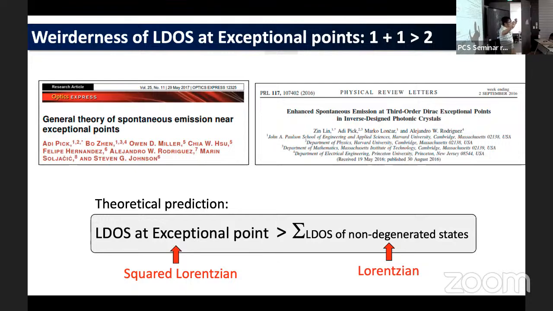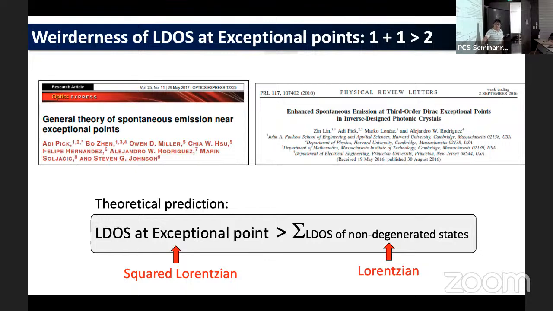And these theoretical papers predict that if you have two resonances that are not degenerate, each of them has some density of states. If you make them degenerate, the total density of states at the degeneracy is not the sum of when they are not degenerate. It's bigger. Mathematically, at the exceptional point, the density of states is given by a squared Lorentzian, and when they are not degenerate, they are two Lorentzians.